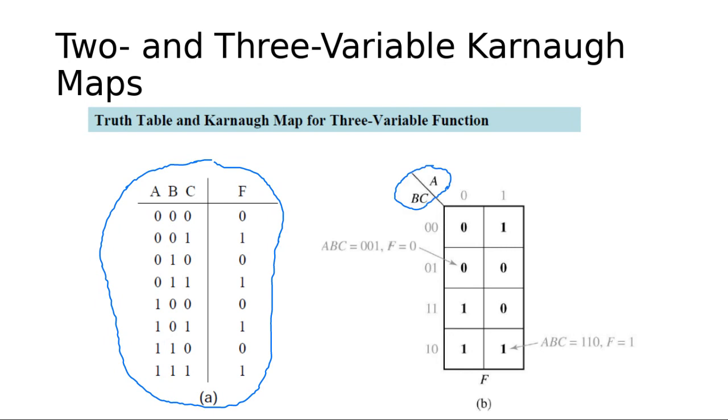This is how you can write the inputs. On the one variable side, you have 0 and 1, right? On the 2 variable side, in the 2 input side, you have 4 variables, right?